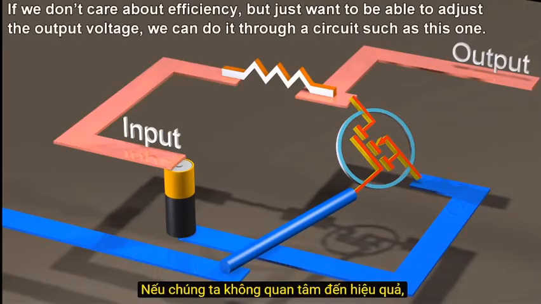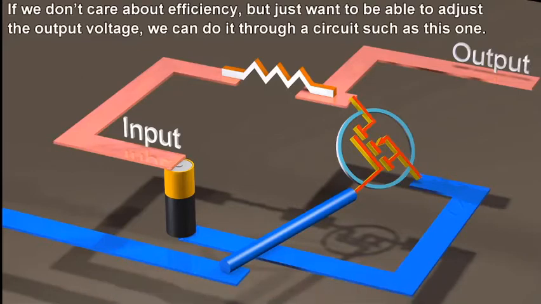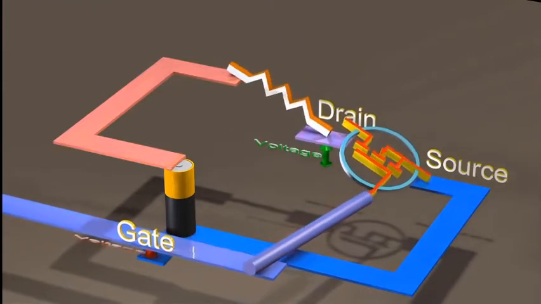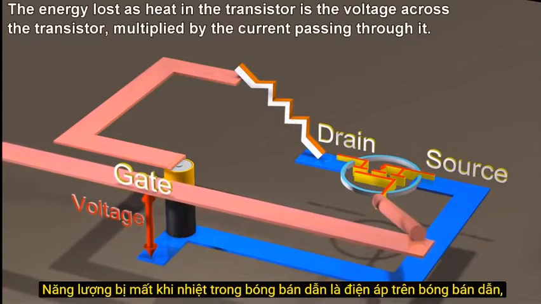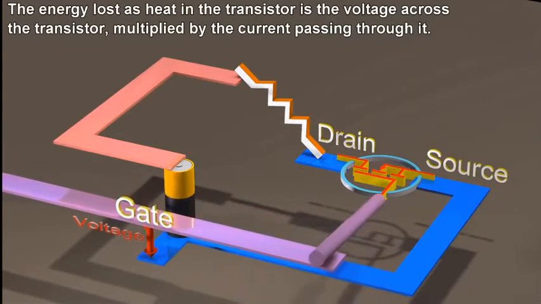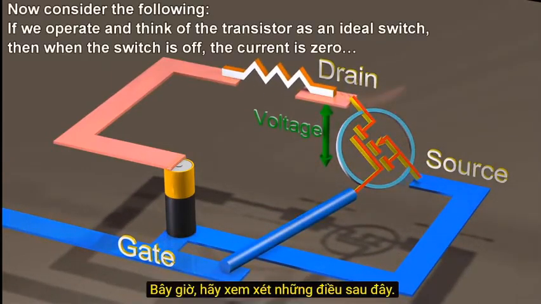If we don't care about efficiency, but just want to be able to adjust the output voltage, we can do it through a circuit such as this one. The energy lost as heat in the transistor is the voltage across the transistor, multiplied by the current passing through it. Now, consider the following.